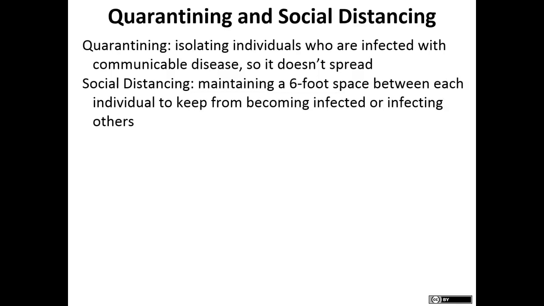Social distancing is another mechanism of helping disease not spread. Social distancing occurs when you stay away from other individuals. You maintain a certain space between individuals to keep from getting infected.